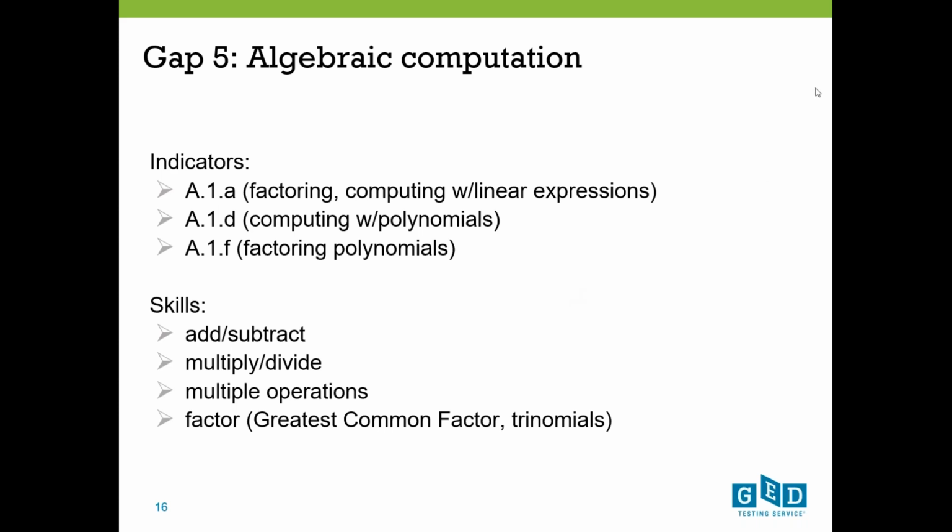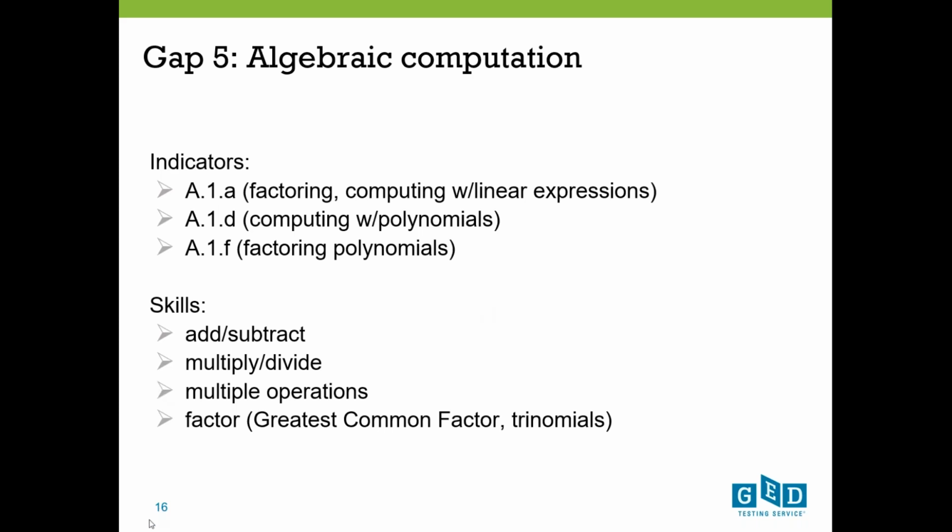Gap 5 is what we call algebraic computation, as opposed to arithmetic, which just involves numbers. It's basically contained in 3 indicators: A1A, D, and F. And I've listed what each one covers, and you'll notice that A1A covers linear expressions while A1D covers polynomials. And just to make sure we're all on the same page, we will explain that.